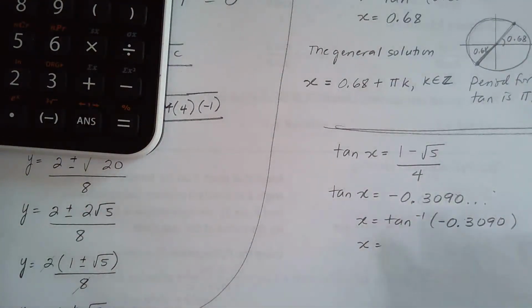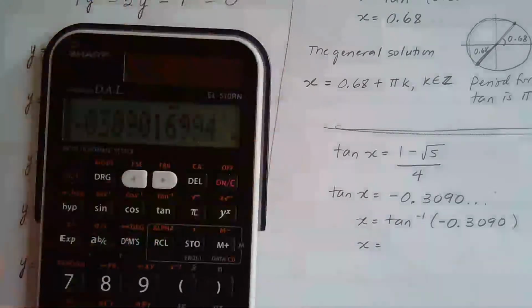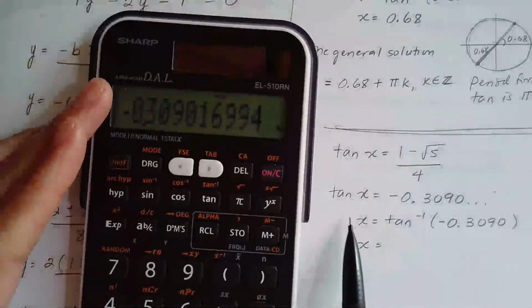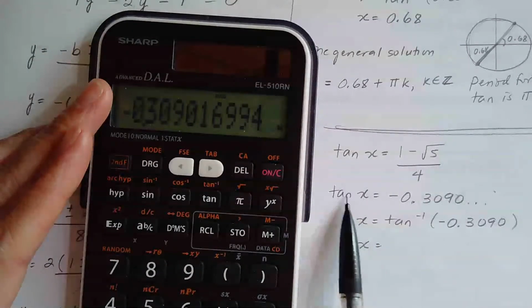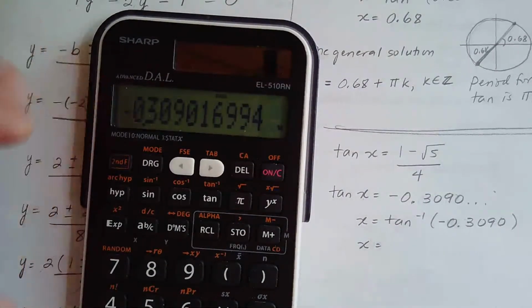I'm showing all of the steps so that when you go back and read your notes, I am hoping that you are able to follow along and I'm not skipping steps. So to solve for x, I have to take the tan inverse of both sides. So the tan is gone. Now I've got to do the tan inverse of that.